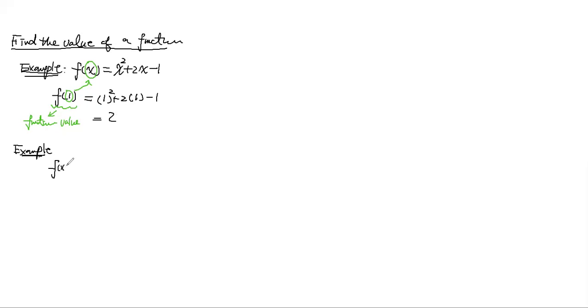I define f of x equal to (2x plus 1)/(x minus 4) if x is not equal to 4, and equal to 7 if x equals 4. So let's read the way we read this function. This is what we call a piecewise function.